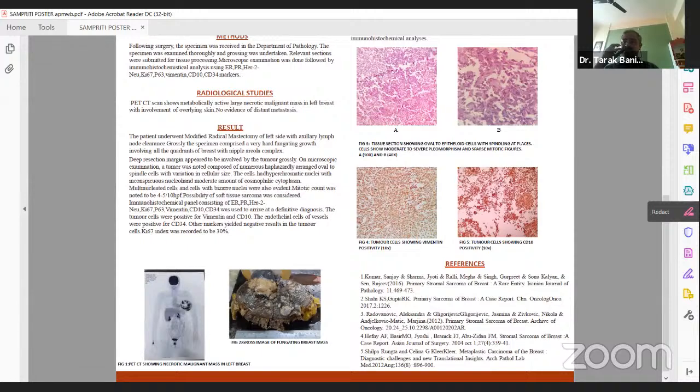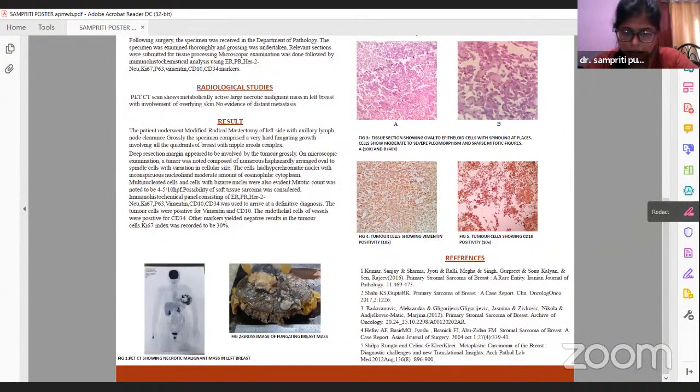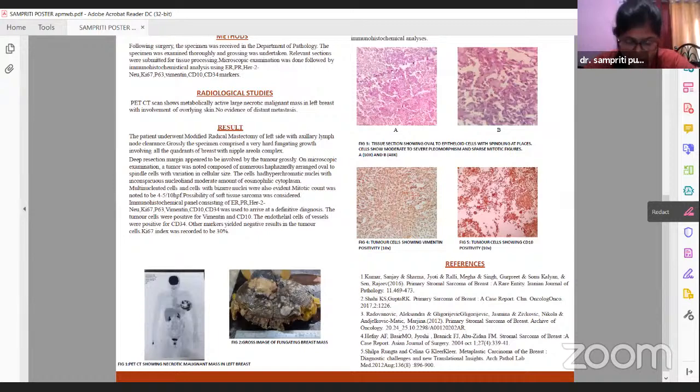What was the mistake? Sir, in the TrueCut biopsy, we found oval to epithelioid looking cells. And in the mastectomy specimen, in a fair number of foci, we have seen oval to epithelioid looking cells having the same nuclear morphology, just like a spindle cell in nature.